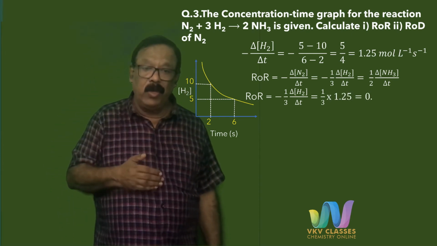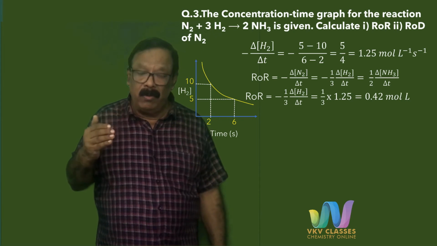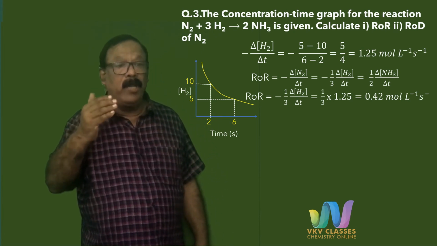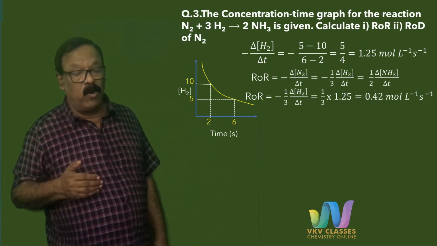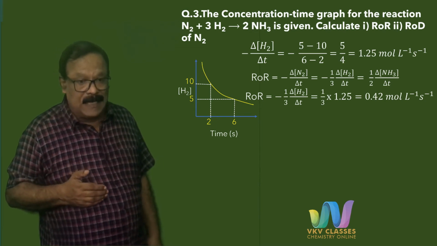So it is 1/3 into 1.25, which gives you 0.42 moles per liter per second.